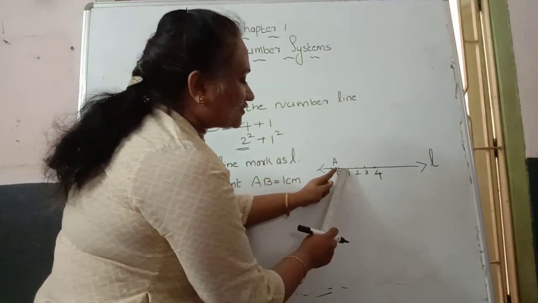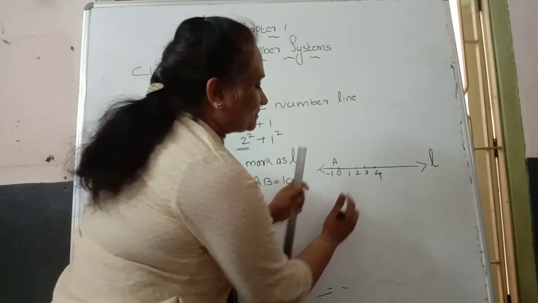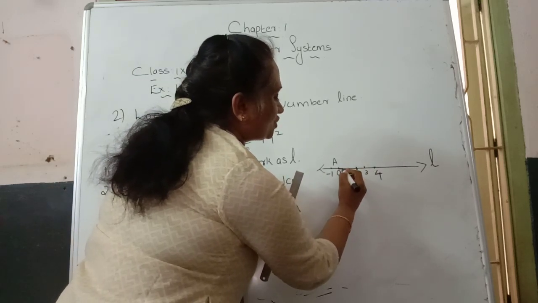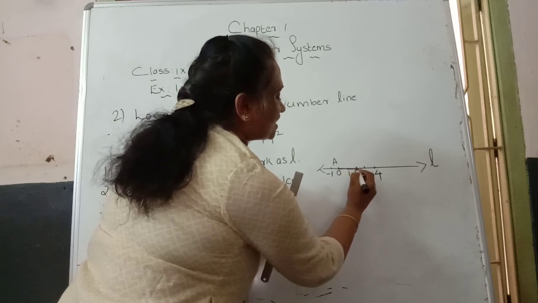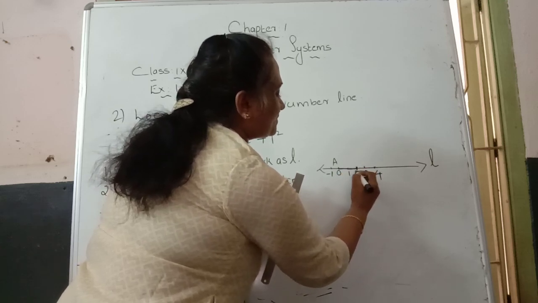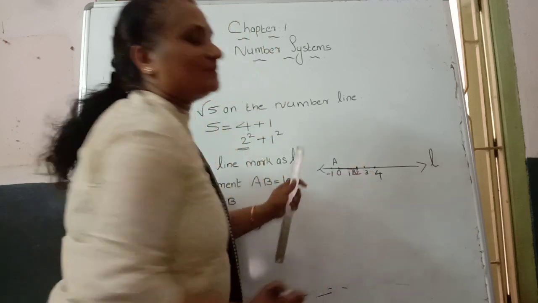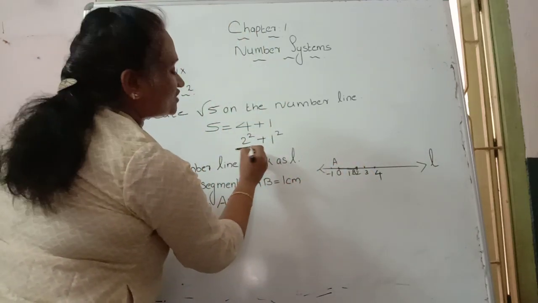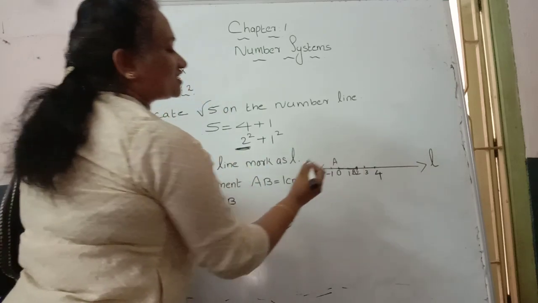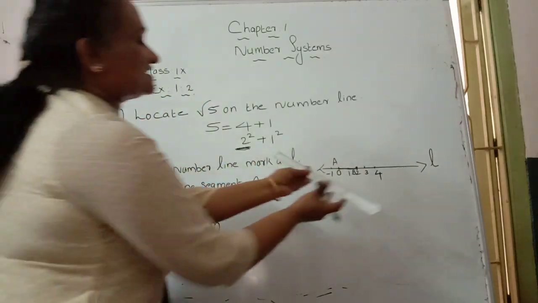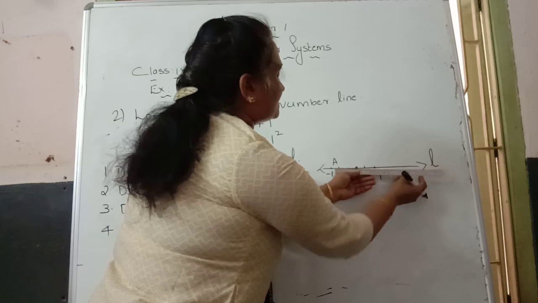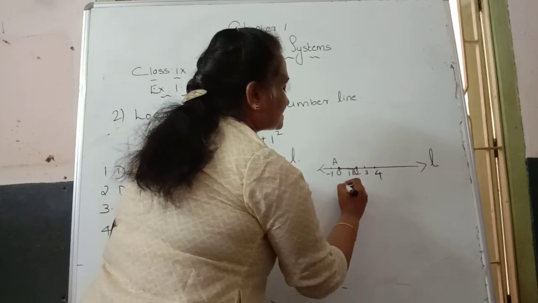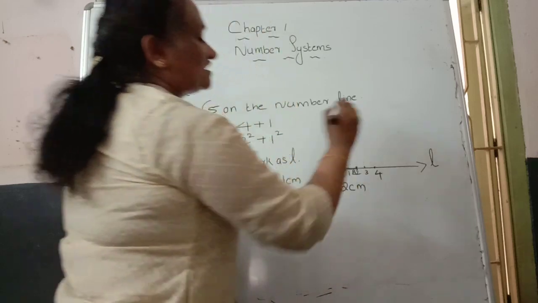That's why take the distance from 0 to 2, 2 centimeters. At the 2 centimeter place, mark the letter B. Draw a line segment from A to B and mark it as 2 centimeter.